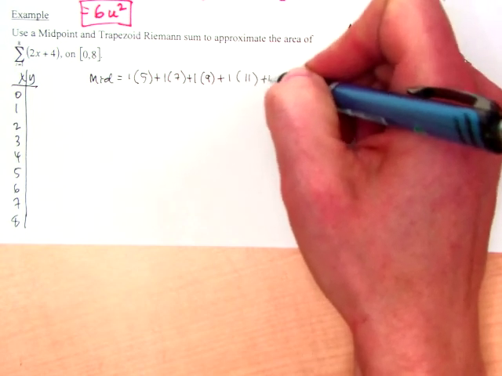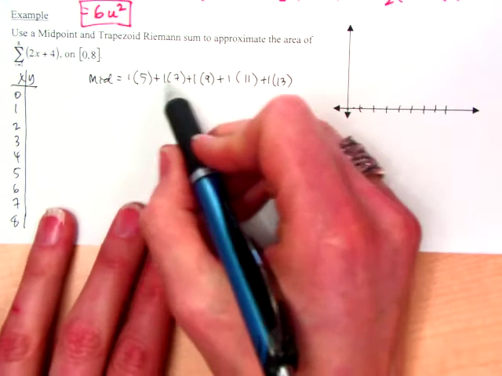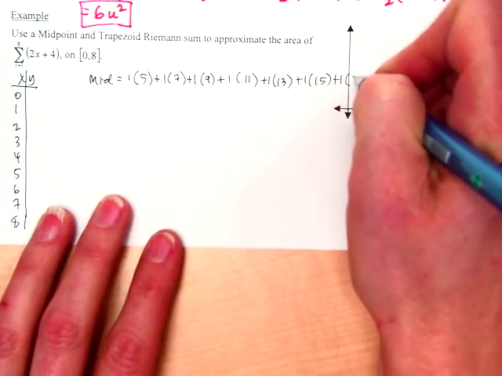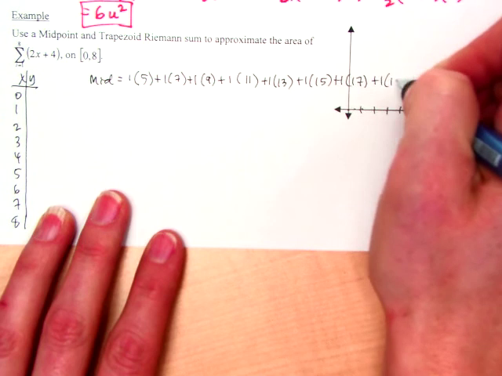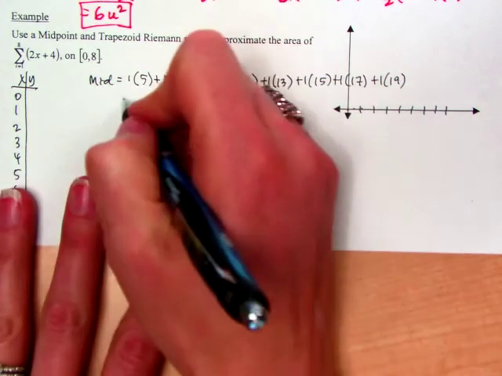And as you can tell, they're actually going up by 2s. And I need a total of 8 of these. So right now I'm up to 5, 6, 7, and 8. Adding all of that up, I can find my area quickly. And I get a total of 96.